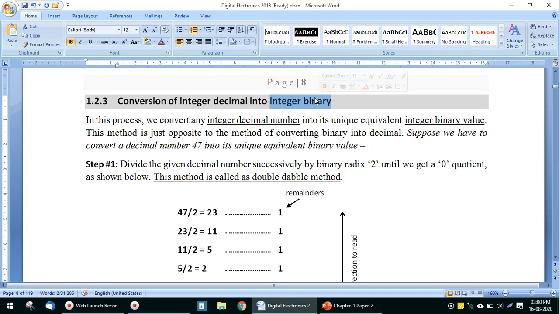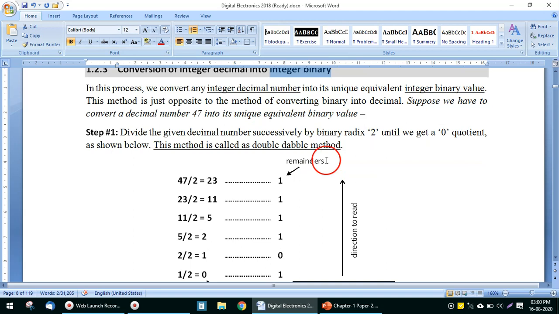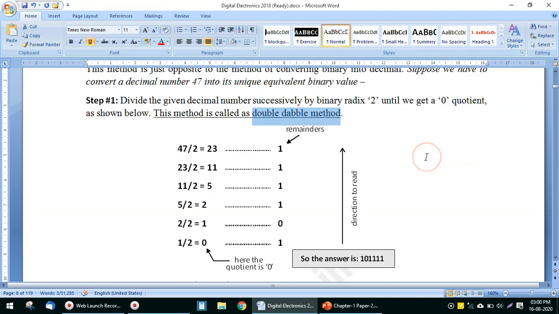This process is rather complicated, and it is known as the double dabble method. Double dabble is an American term which is a meaningless term, but double dabble stands for conversion of the given decimal value into its unique equivalent binary value.